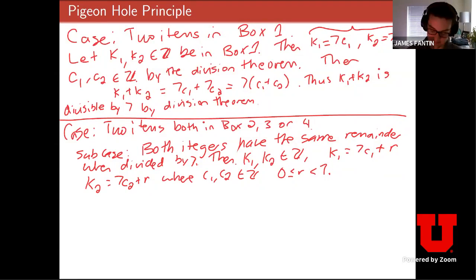So why here did I let both remainders be the same variable r? Often in our proofs, we don't want to do that. Why in this case did I let both of these have the same variable r for the remainder?